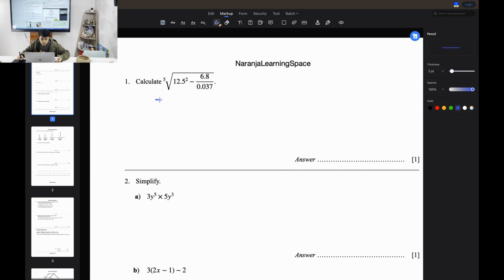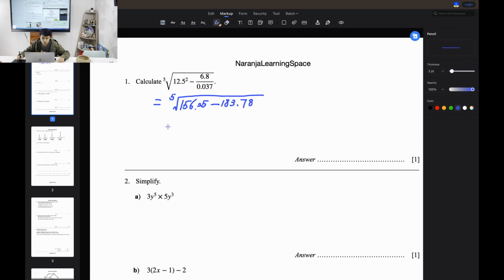12.5 squared is 156.25, minus 6.8 divided by 0.037, which equals 183.78. I'll leave it to 4 or 5 significant figures because in the end your final answer should be 3SF.